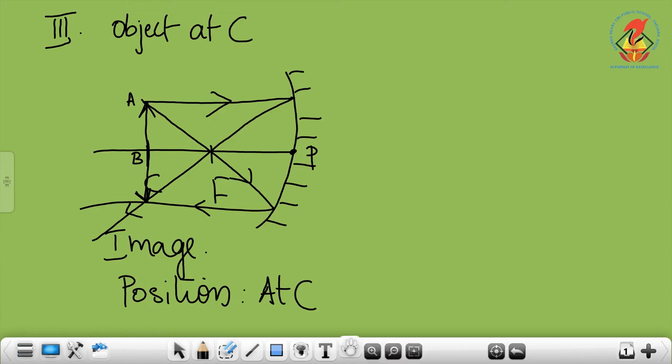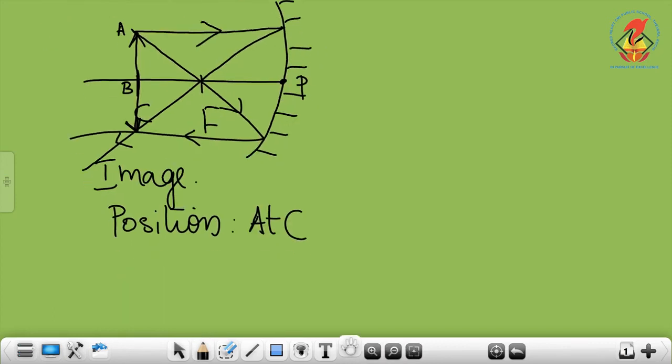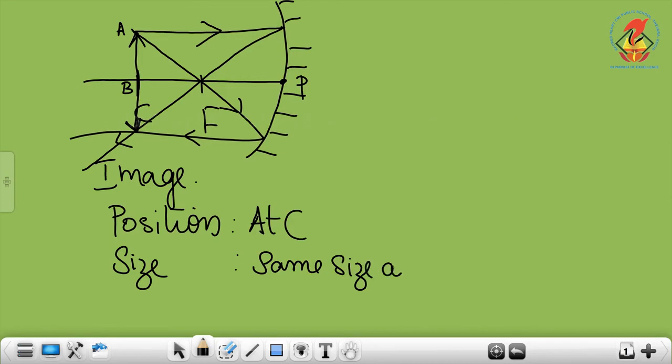The size of the image is the same as that of the object.